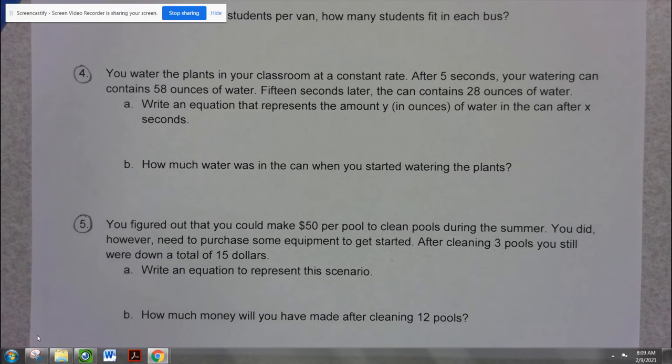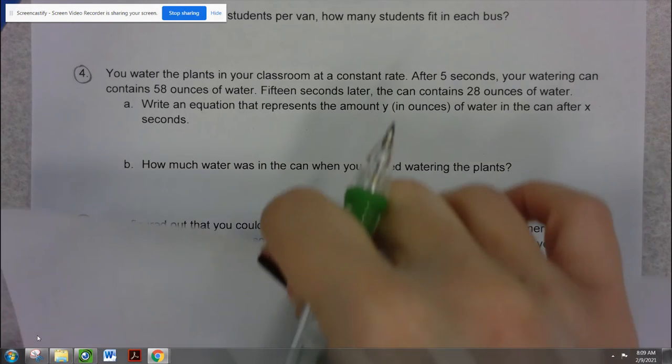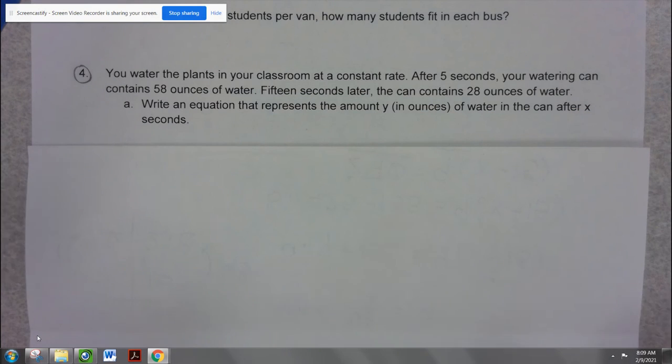All right, we're going to move on to question number 4. And now you're going to start to see some repeats of the processes we've already done. We have done a question in slope-intercept form, we've done a question in point-slope form, and we've done a question in standard form.